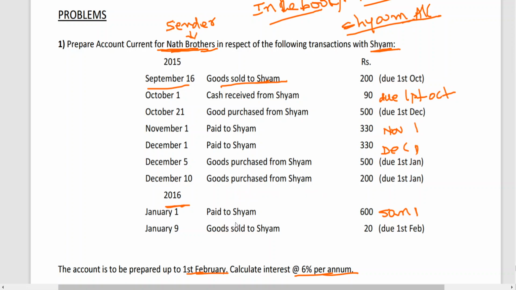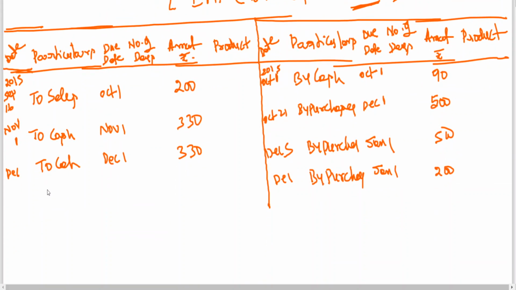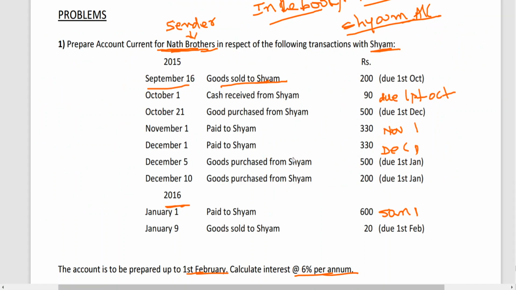Then January 1st, paid to Shyam. Entry: Shyam to cash 600. Goods sold to Shyam. Entry: Shyam to sales 20 rupees.